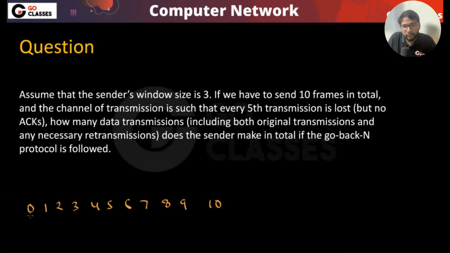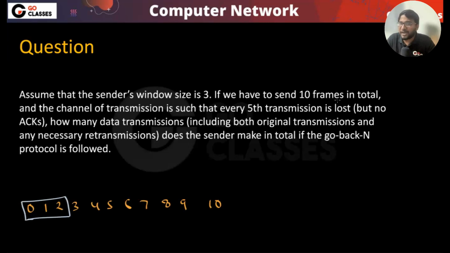Then you will first send 0, 1, 2. Then based on the acknowledgement, if you receive ACK 1, you will slide it. Now, let's suppose you receive ACK 3, you will slide it till 3, like that. So the window size is 3. That's what they're saying.